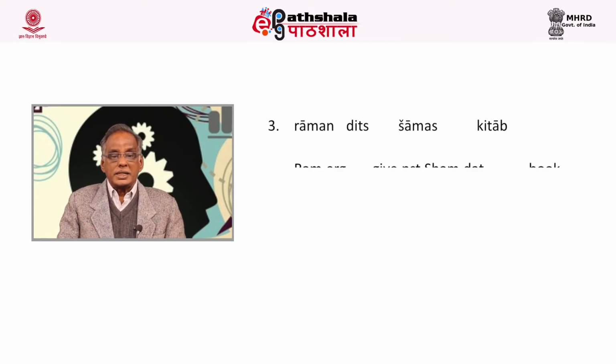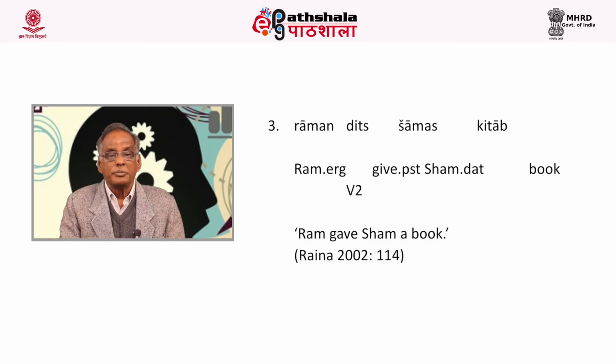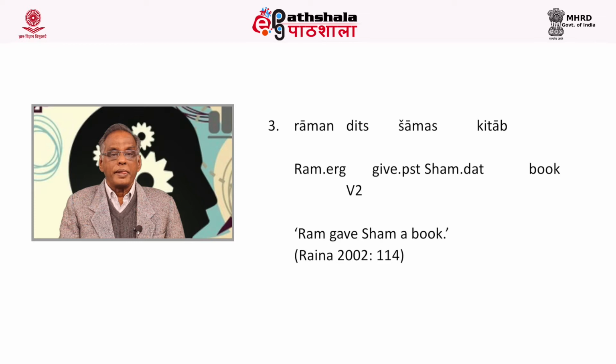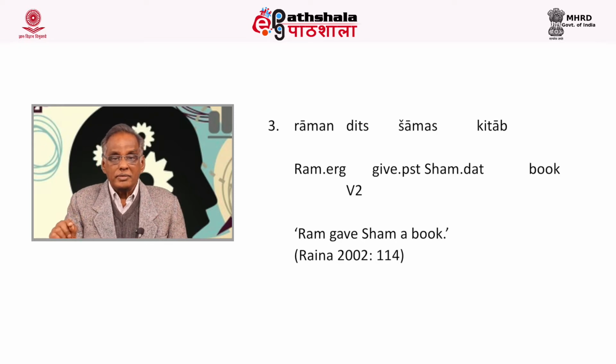Then let's take another sentence. Ram gave Sham a book. In Hindi, you would say Ram ne Sham ko kitab di. Di occurs in the final position. But in Kashmiri, Raman dits Shamas kitab. That is, dits, gave, occurs in the V2 position.